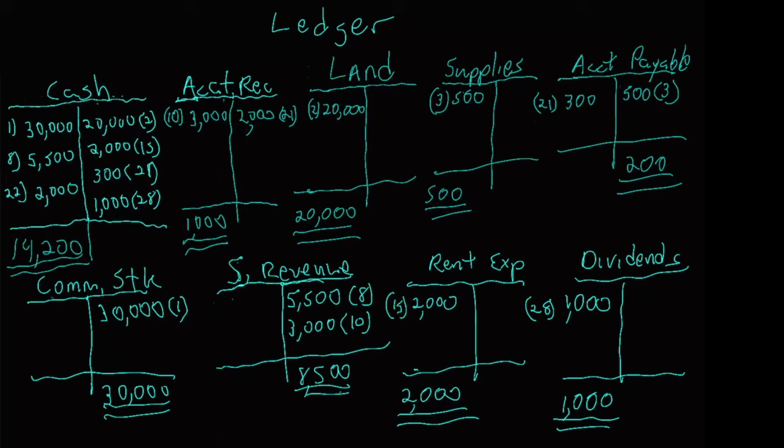So let's briefly go over cash. If you look at cash, we have the actual dates in the corner. So obviously this is the first right here, right? And we have a debit to cash for $30,000. Then we know on the 2nd of January, we had a credit to cash for $20,000. Now, as I say this, gang, remember we always debit and credit. So basically we just posted those transactions.